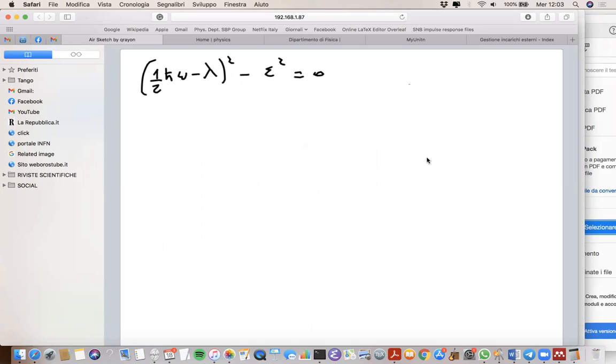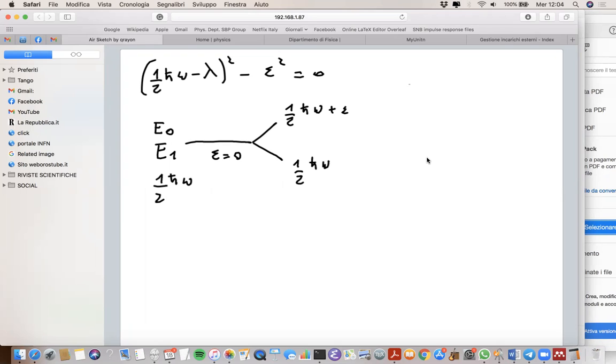So what happens is that, before, for epsilon equals 0, there were two eigenvalues and they were the same. Now when epsilon becomes different than 0, that's for epsilon not equal to 0, the two eigenvalues become 1/2 h bar omega minus epsilon and 1/2 h bar omega plus epsilon.